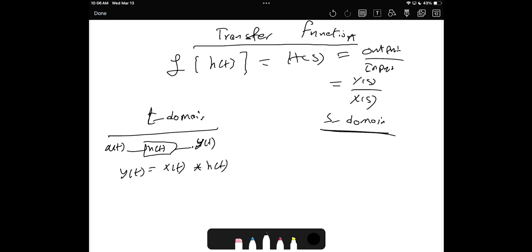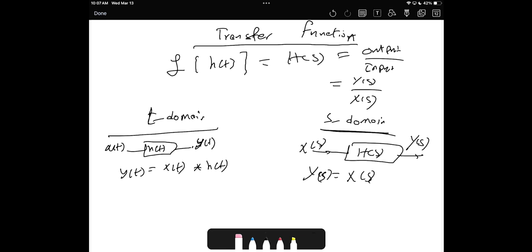While the best thing when we go to the S domain, here H of S, X of S, all uppercase, Y of S uppercase, the convolution becomes a product. That's the nice feature, and that's why we are using the frequency domain.